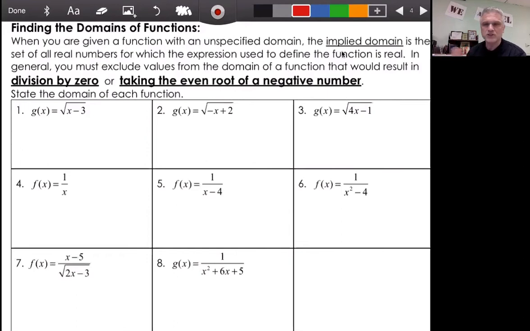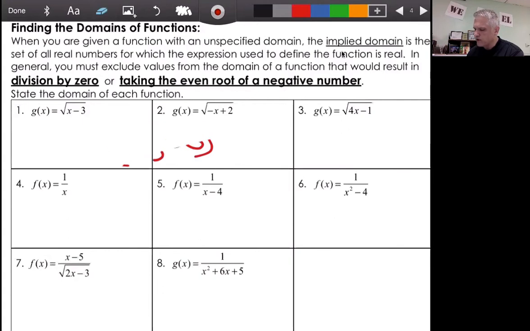Right? So when they say, what is the domain of a function? Okay? The domain of any function that's written here is usually not going to be anything except for all real numbers, which when you learned how to do interval notation looked like this. It looked like -infinity to infinity. Okay?